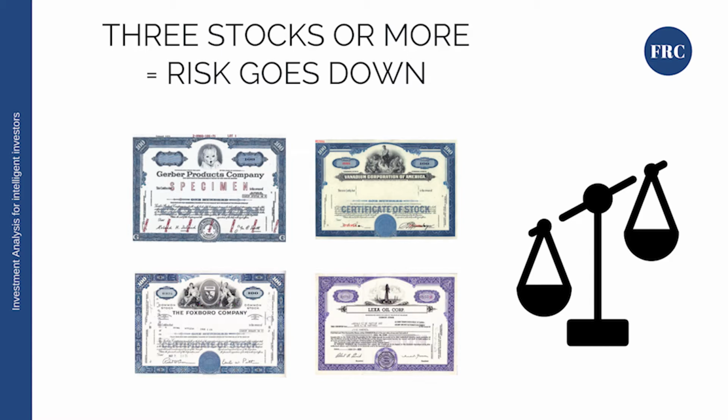It won't bring it down as much as adding the second stock, but it will continue to bring the risk down. As you add more and more stocks to your portfolio, the risk will come down, but less each time. Which means each time you add a stock to the portfolio, the overall risk of the portfolio will come down, but not as much as the previous stock brought it down, right?